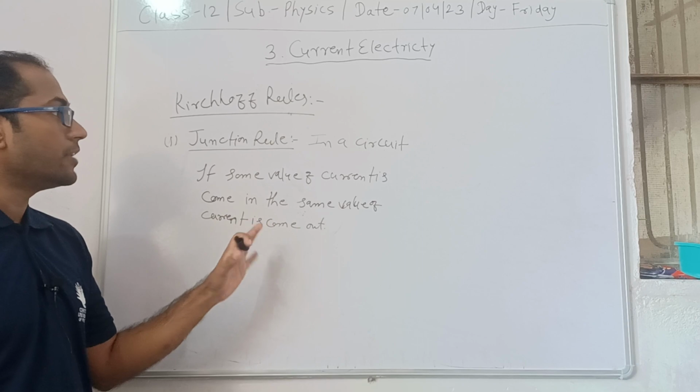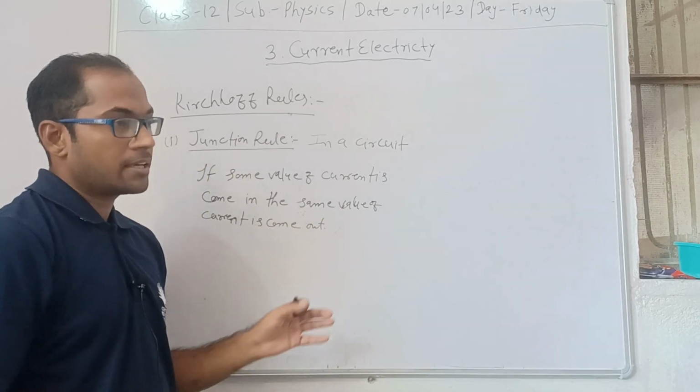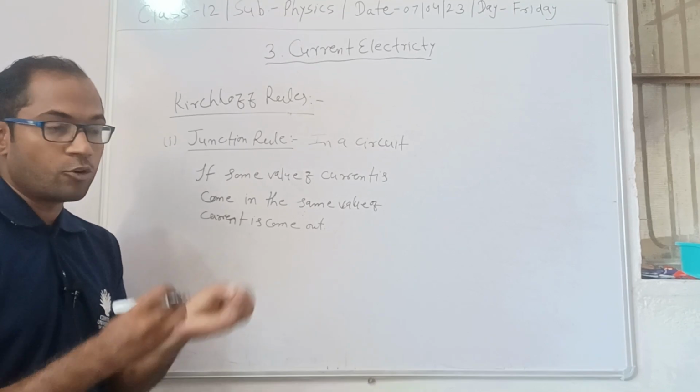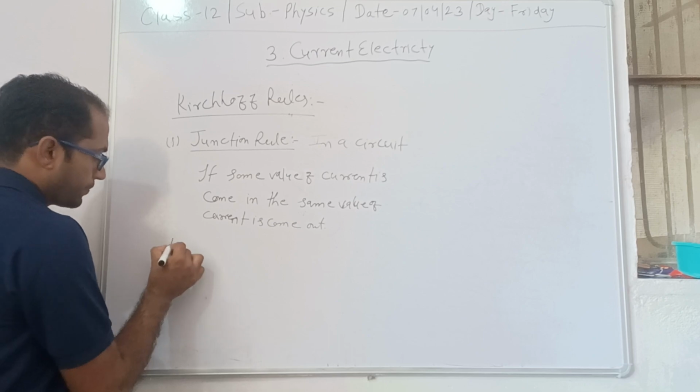So in the circuit the current is divided, summed, its form is changed, but the value of the current is the same. So this is the junction rule.